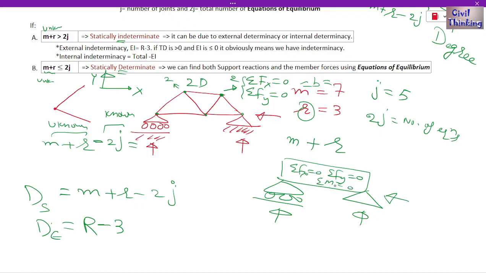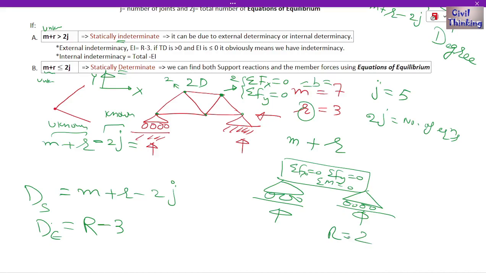When the total number of unknown reactions is more than 3, then we cannot find the reactions, right? So here we have 1, 2, 3, r is 3 here. In some cases, for example if we have rollers on both sides, we only have one here and one there, so r is 2.